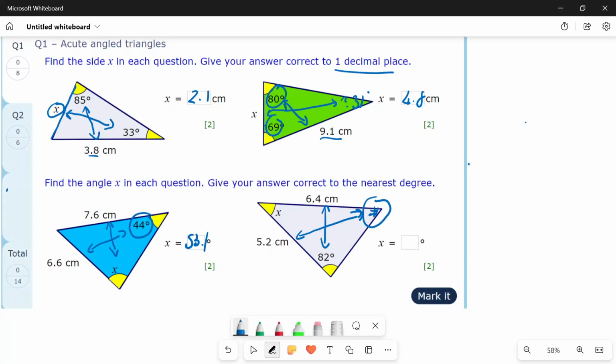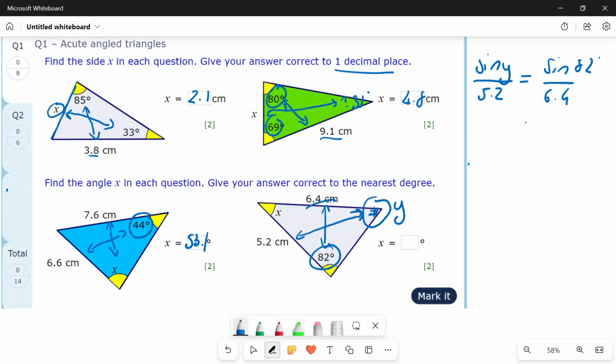Remember, an angle always comes with a sin. Let's call this angle y, because it's not the x we want, and that goes with the opposite side, which is 5.2. Then we need to do sin again at the top, and that goes with the angle 82, and the side that is opposite that, 6.4.